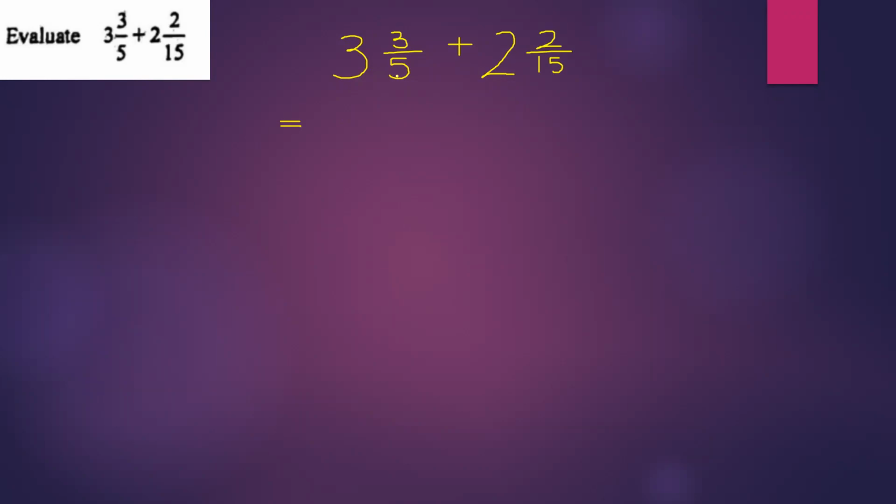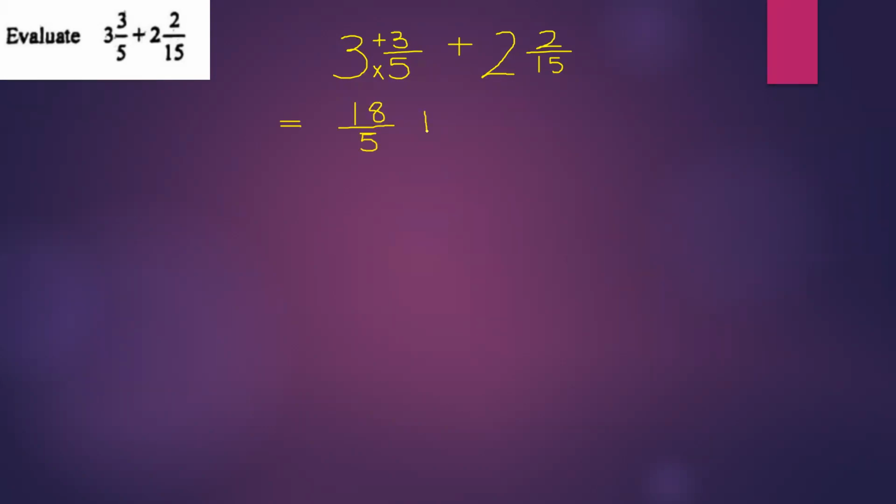So let's do that. 3 times 5 is 15, plus 3 is 18. Very good. It's going to be 18 over 5.